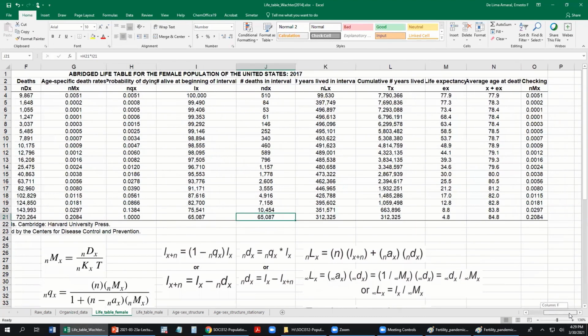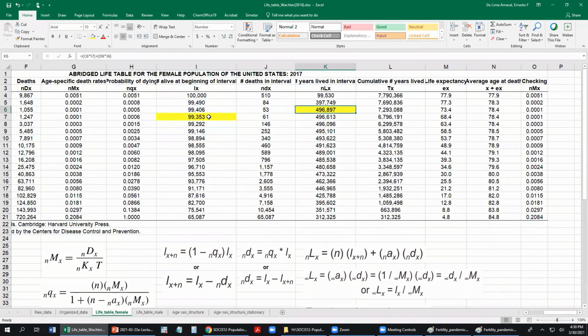The big L(x,n) column uses information of people who are, for example, here in the little l(x) column. Those people here survive to the next age group. So let's take this one and this one.